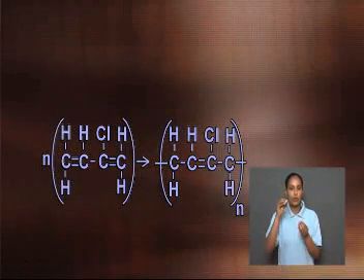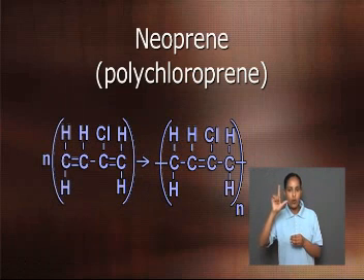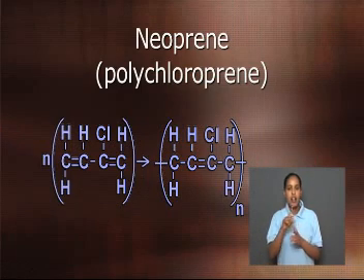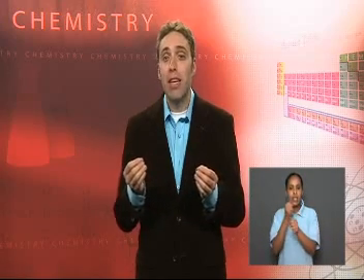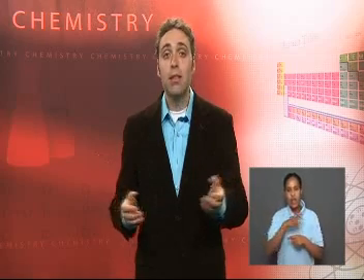Neoprene, also called polychloroprene, is a family of synthetic rubbers. It is a linear thermoplastic polymer. Neoprene is chemically stable and remains flexible over a wide range of temperatures. Neoprene's chemical inertness makes it good for industrial applications like gaskets, hoses, and corrosion-resistant coatings.